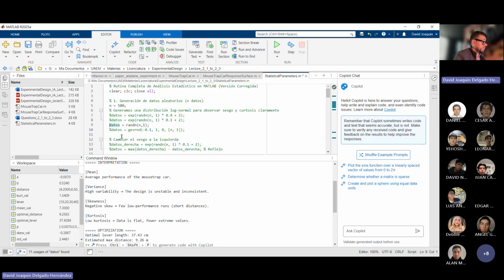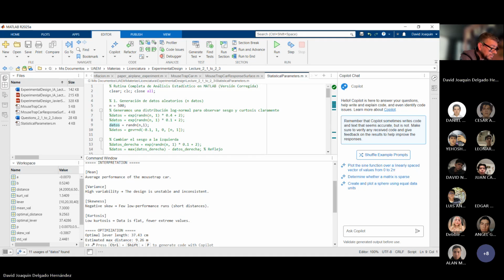Here I am going to run this routine with random numbers, okay? These random numbers are normally distributed. So look what happened. So imagine that I have 500 mousetrap cars, and I measure all these cars.